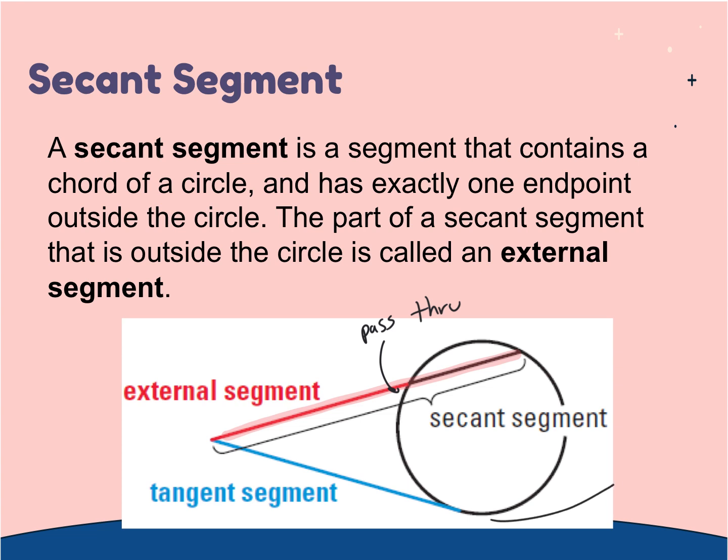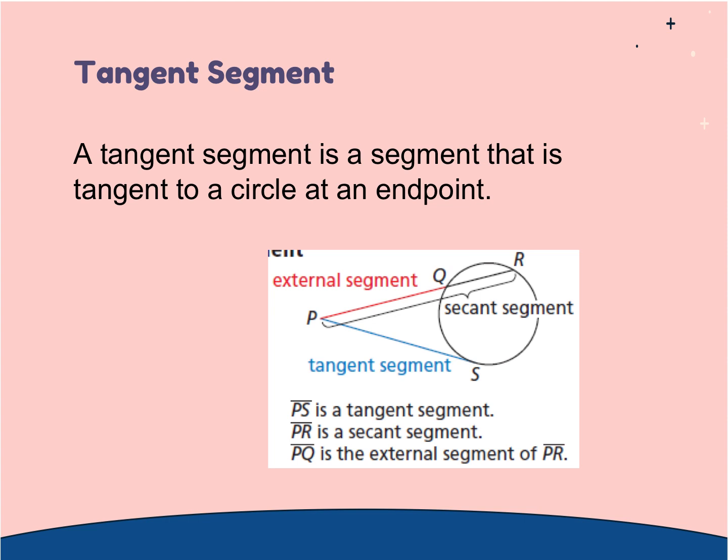The tangent only touches the circle at one point. That is obviously another difference, but the key part is the words and if they cross through or not for the circle.